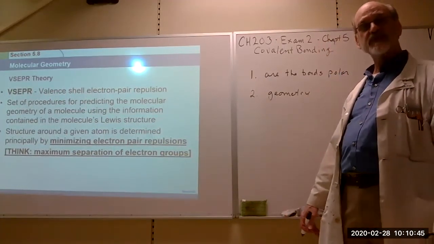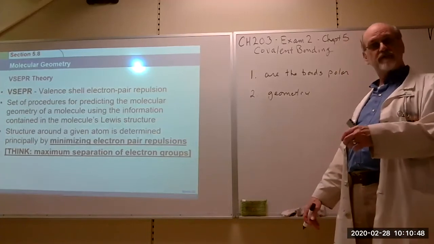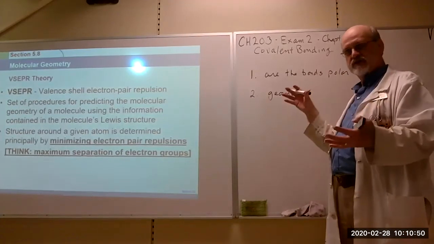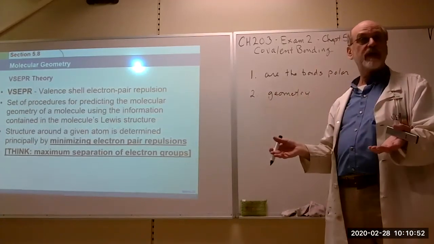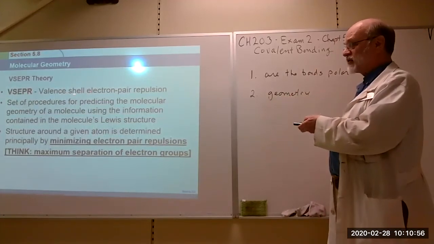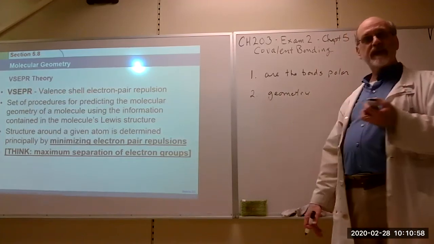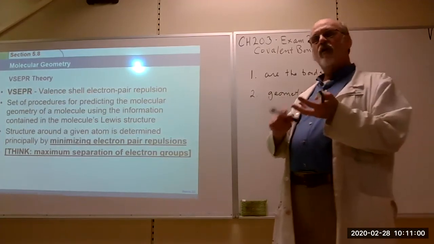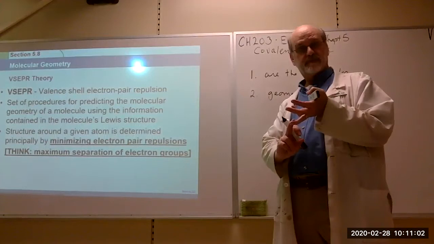Okay, they try to position in a regular pattern, if possible, away from each other because electrons repel. And we only consider the valence shell electrons. They can either be in bonds or lone pairs, right?